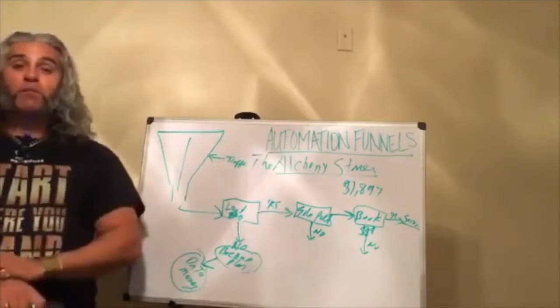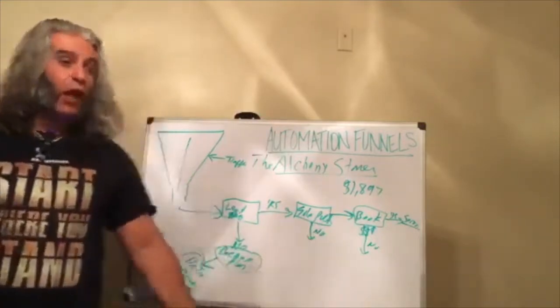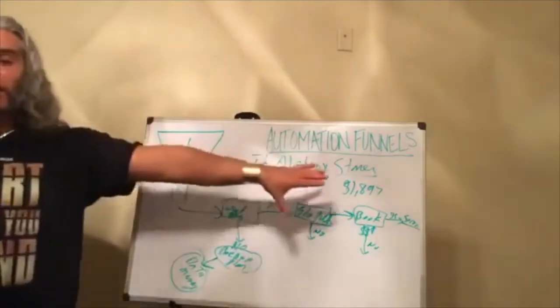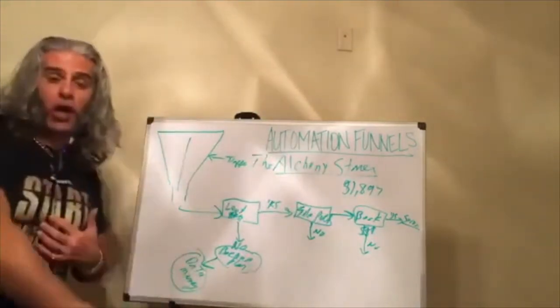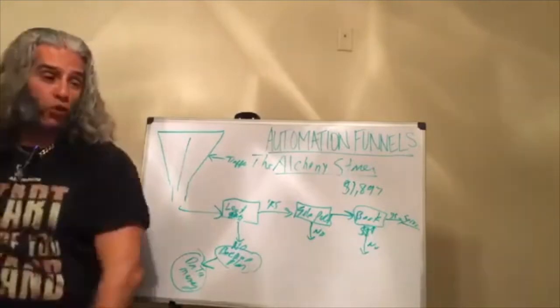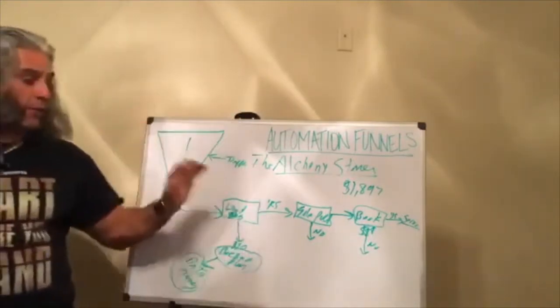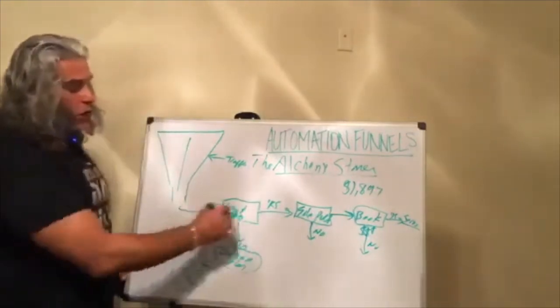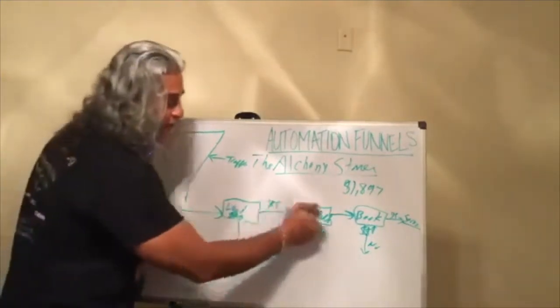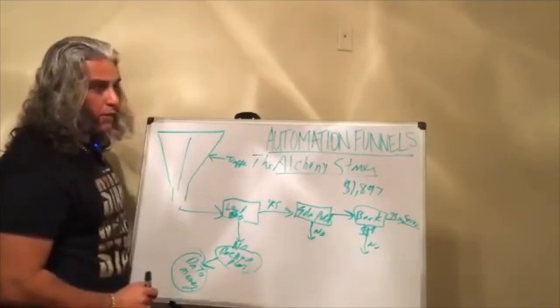Because anyone can set up a website, but what the alchemy stone is, I realized that there's a whole process that needs to be done for you to get this machine to work, and I'm going to set it up for you. But let's go back to the equation. So traffic comes in, they go to my lead page, they say yes, they go to my sales page.